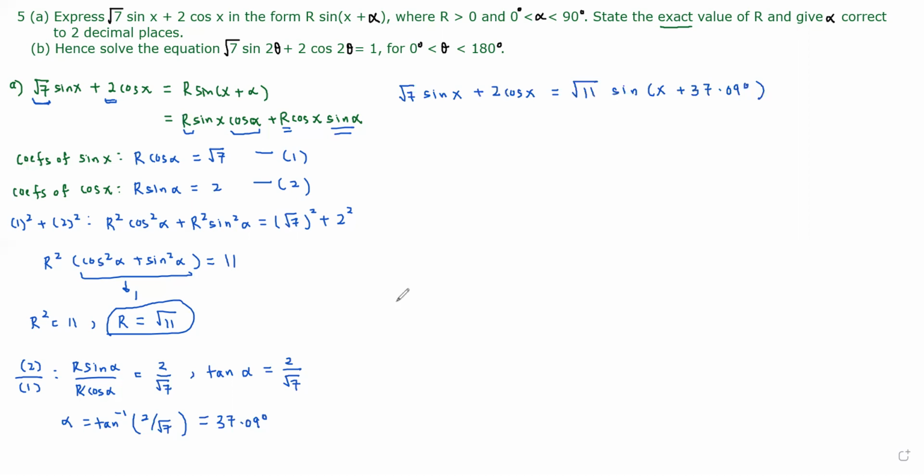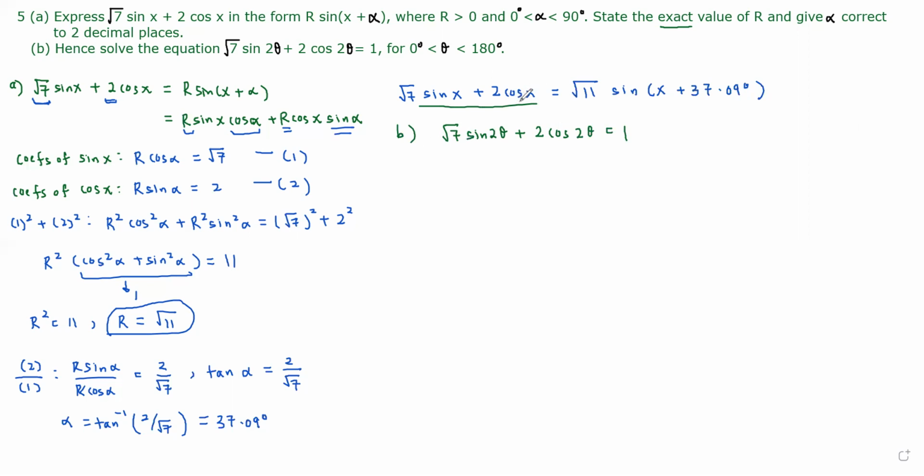Part B, we need to solve the equation square root of 7 sine 2 theta plus 2 cos 2 theta equals 1, and theta is between 0 and 180 degrees. Compare this to what we have here.